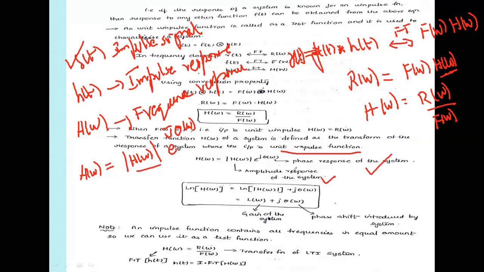It can also be written as a complex function, L of omega plus j theta of omega: the gain of the system and the phase shift introduced by the system. Got it, my dear students?